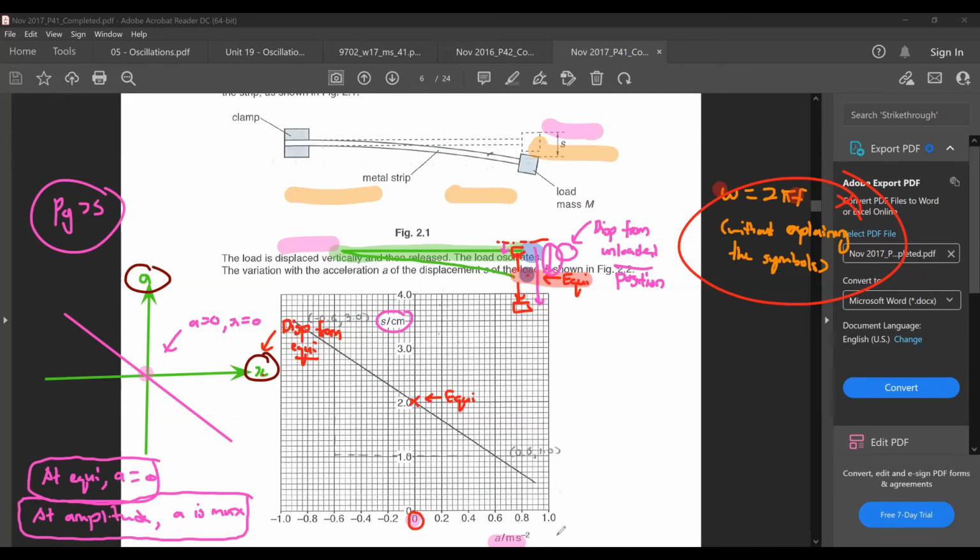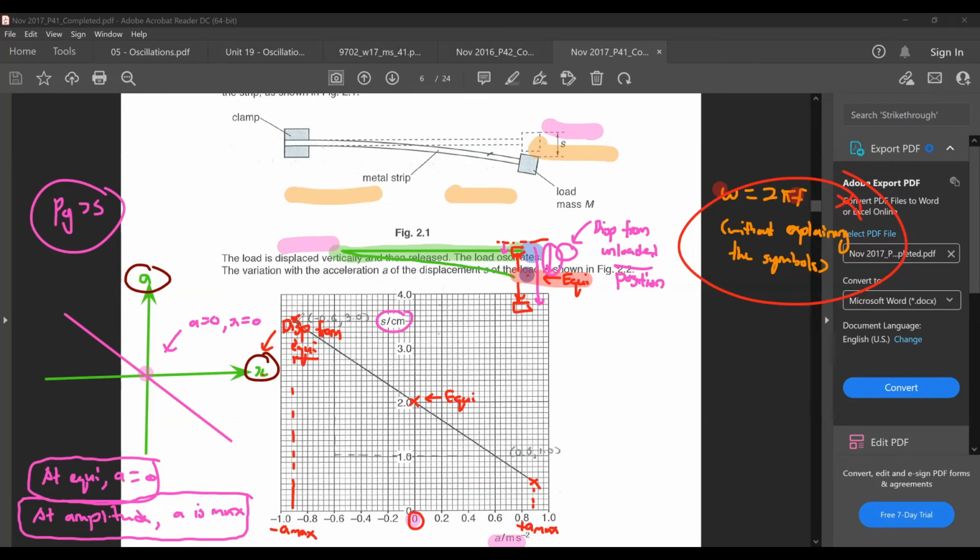So you look at your graph. This part here is where you have positive a max. This part here is where you have negative a max. So these are the positions of your amplitude. These are the positions where you are having your amplitude.